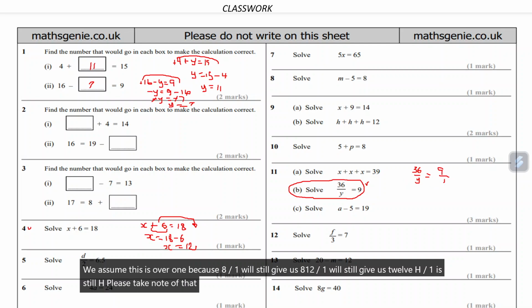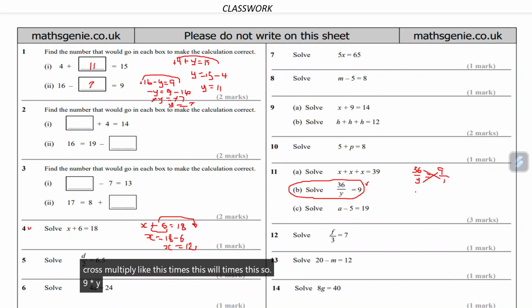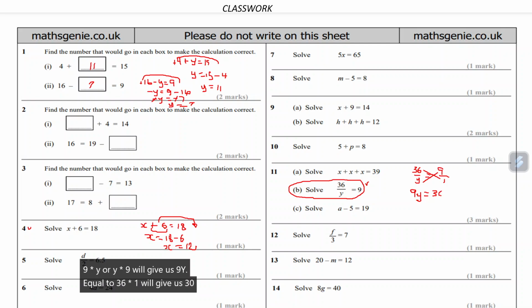So in this case, once we have this, we can now cross multiply. So 9 times y or y times 9 will give us 9y equal to 36 times 1, which gives us 36. Question: why is it possible to cross multiply?